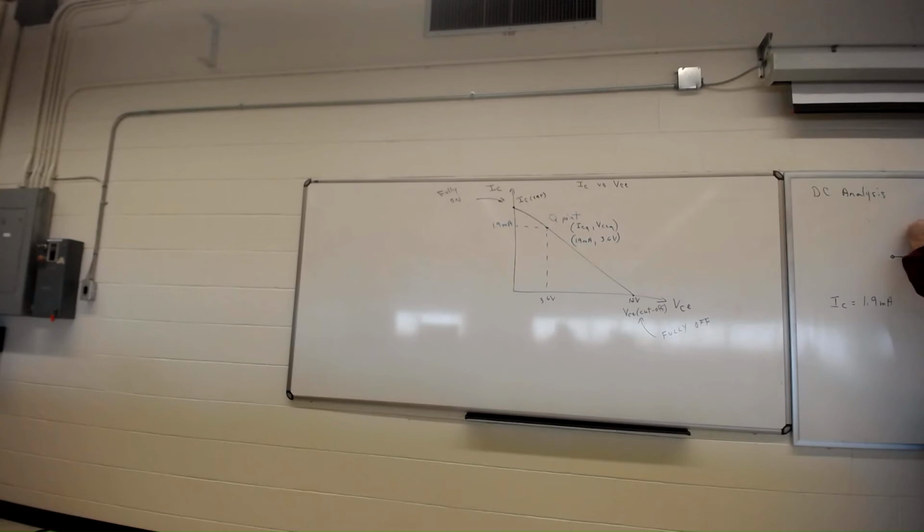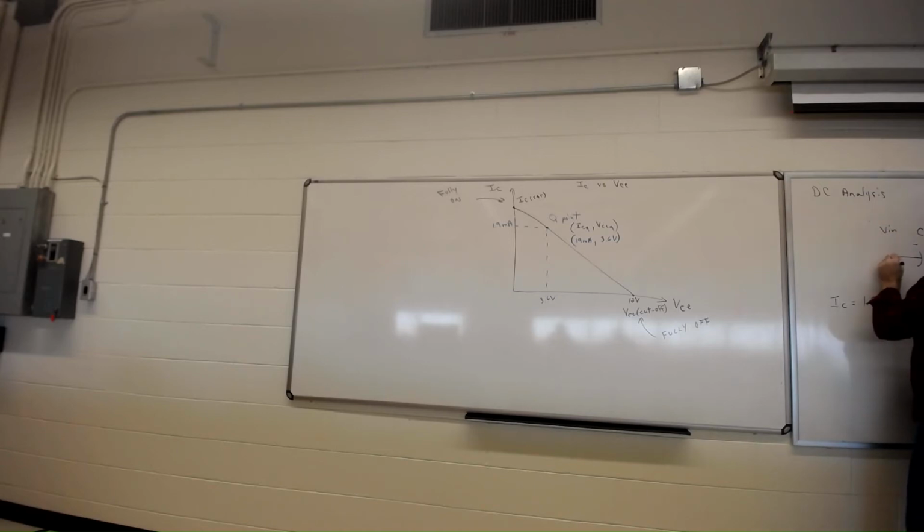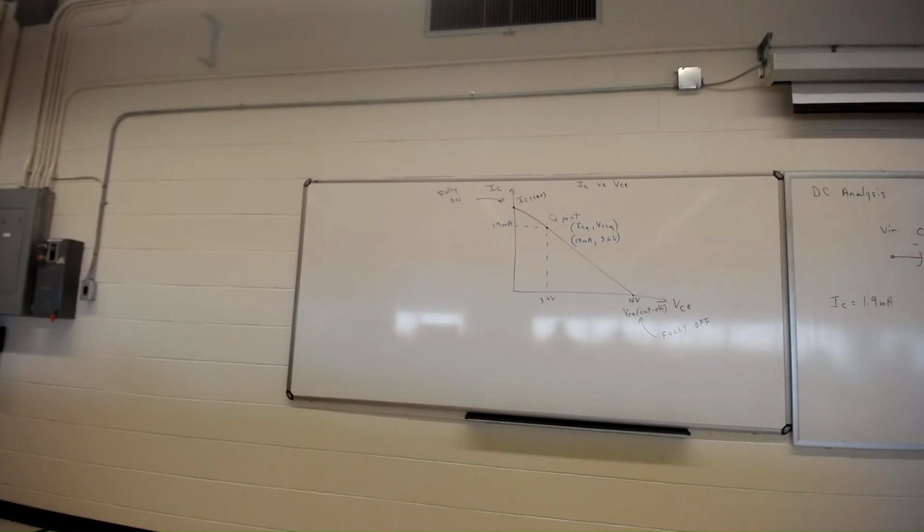So I'm going to add this capacitor here, C1. So the input signal, Vin, the little signal that's going to go in, is going to go in at Vin through C1. And the signal is going to come out at the collector right here. This is C2. This is going to be called Vout.